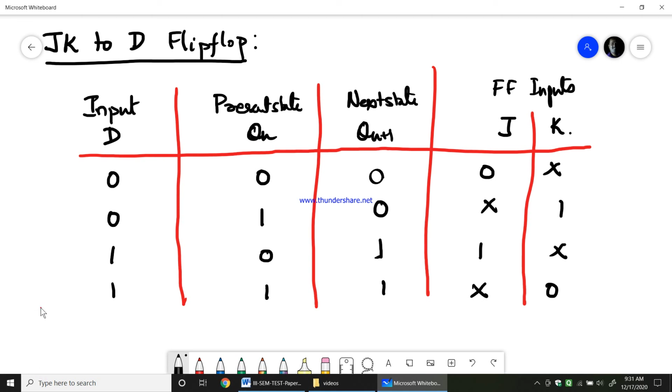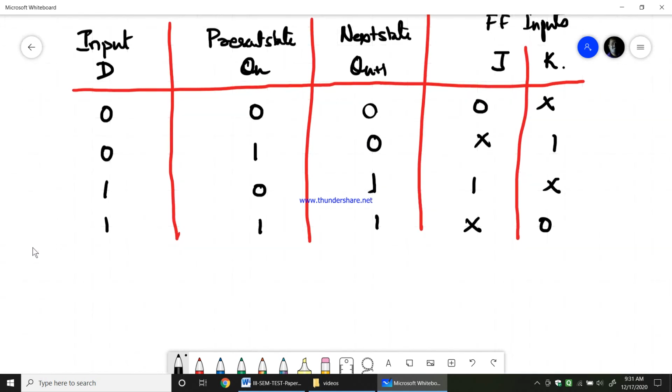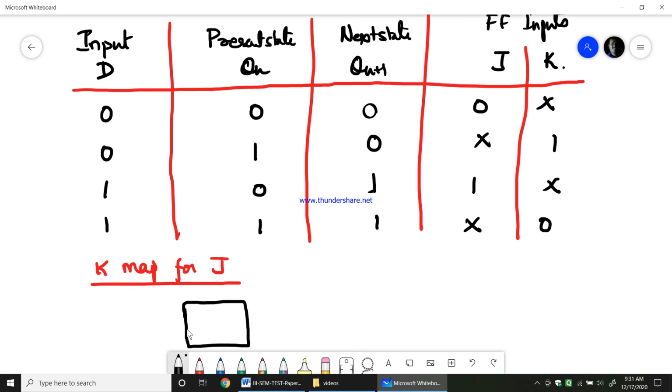Now by keeping these terms, we are going to create a K-map and write the K-map for J input and then K input. So when I write the K-map for J, it's a 2 variable K-map, D and Qn. Therefore this is D Qn, 0 1 0 1.